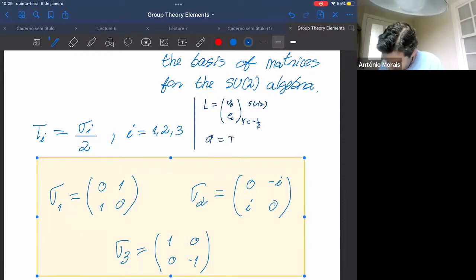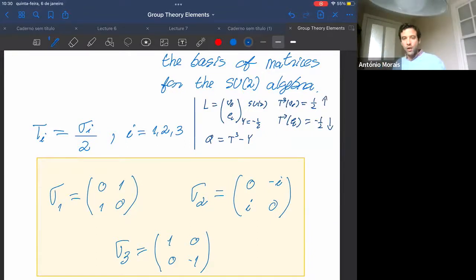and the electric charge at the end will be equal to T3 minus the hypercharge here, and T3 is the weak isospin component. So T3 of nu E is equal to 1/2, and T3 of E L is equal to minus 1/2, because this is the down component and the neutrino is the up component.